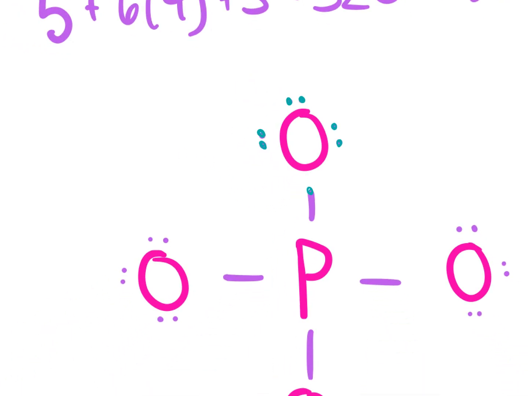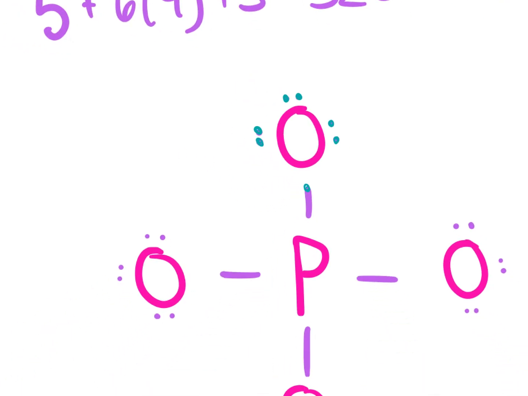It has 1, 2, 3, 4, 5, 6, 7 electrons immediately surrounding it. We're counting just the ones close to it. It has 8 if we're talking shared, but directly surrounding oxygen, it has 7 electrons. So it brought 6 to the table, but now it has 7, which means oxygen has a -1 charge.